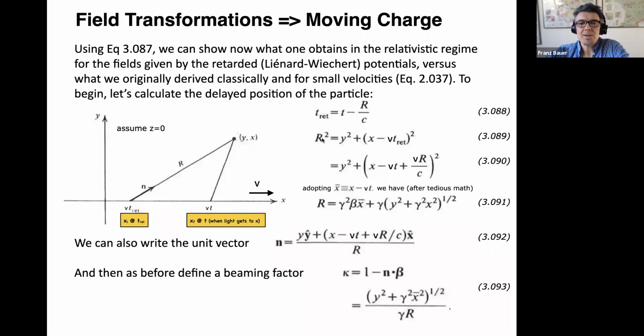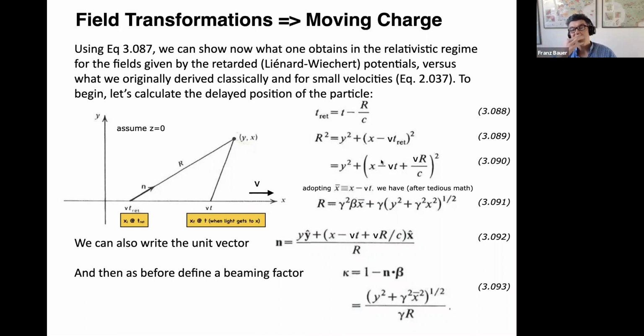We have r squared, which we can separate into a y component and an x component, and the x component is going to be different by this extra distance here. We plug this in and end up getting this.